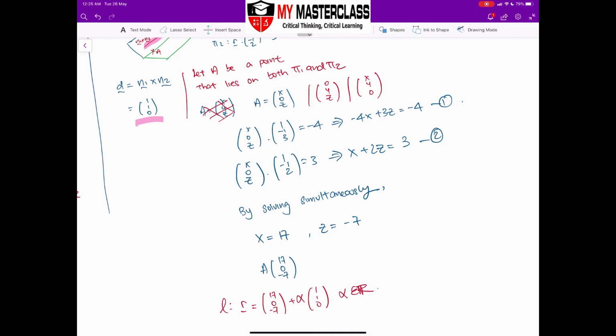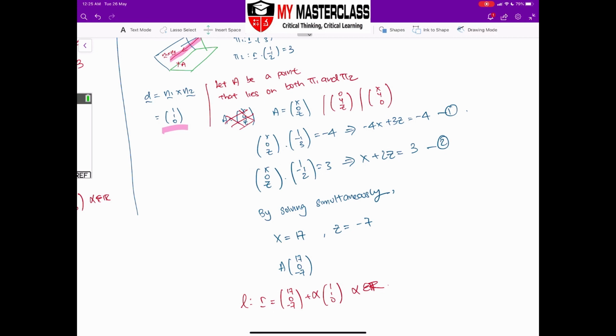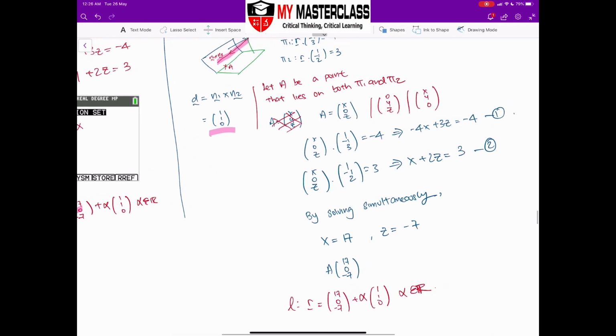So this is the non-GC method. Please take note, you have to learn how to do this method as well. That's just a quick reference back to our GC method. You do realize that the GC actually also takes one of the points with B equal to 0. So essentially your GC is doing the same thing as you are doing using your non-GC method, which is the algebraic method.